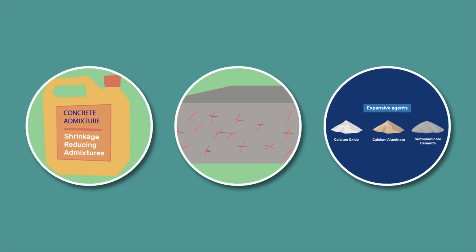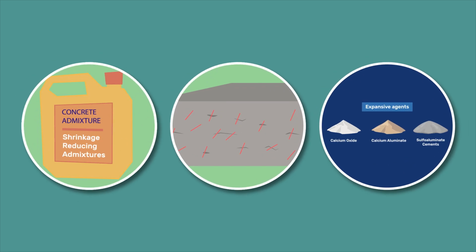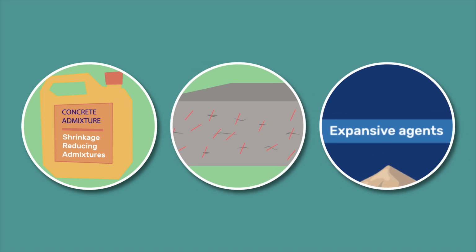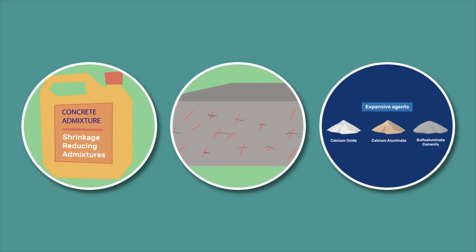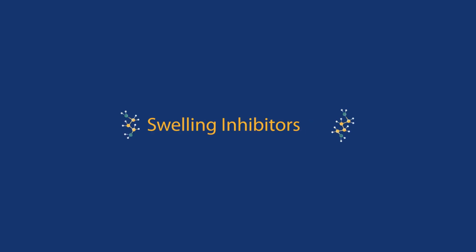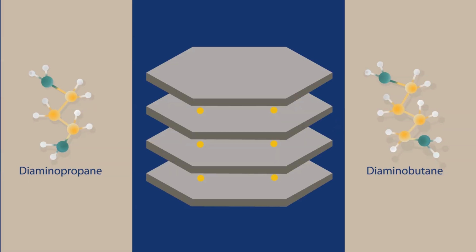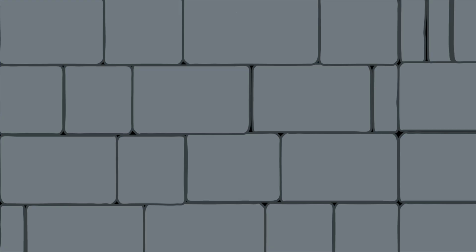Other effective protective measures include adding shrinkage-reducing admixtures and/or fibers and/or expansive agents when preparing such materials. Finally, for clay-bearing stones, the use of swelling inhibitors can sharply reduce the swelling strain and thereby also stresses evolving during cycles of wetting and drying.